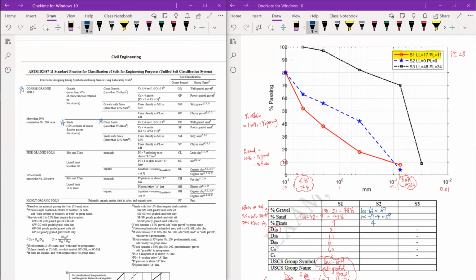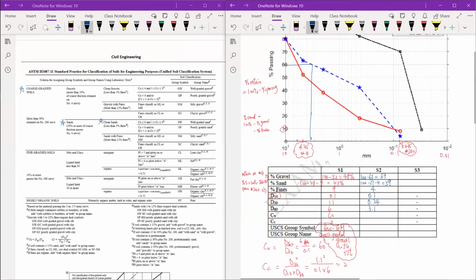For D10, we go to 10% passing, go off our curve, and read the corresponding diameter, which is 0.1. For D30, at 30% passing, we read about 0.24 off the curve. At 60%, the same thing, we go to 60% and read off the curve, and we have about 3.1 right there.